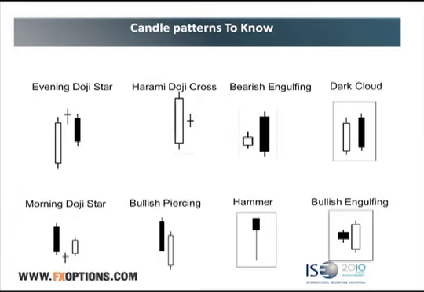So looking at dojis, especially after long uptrends, are important tells or hints that the market is at a turning point. There's indecision in the marketplace. And it's not that I act on a doji by itself. That doesn't mean that the market's going to reverse. Just having a doji could mean it's a potential pause before the storm of a further price advance.